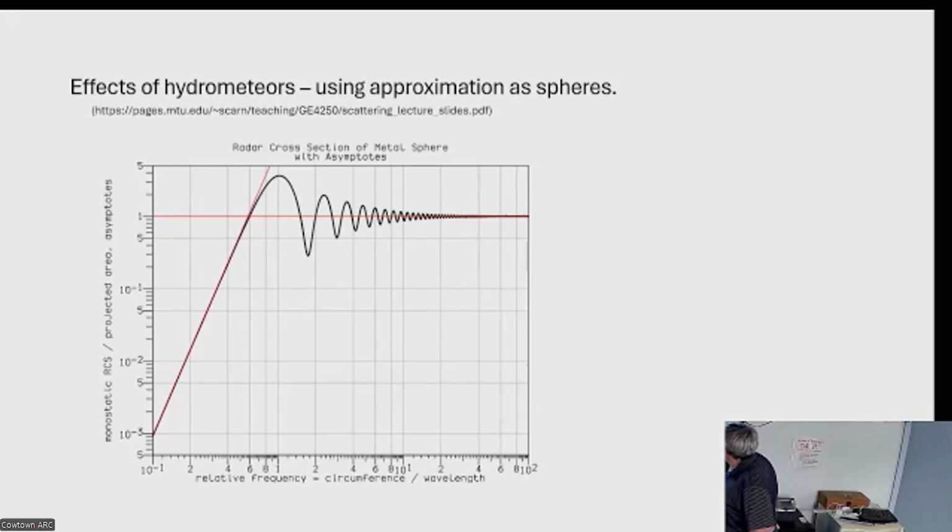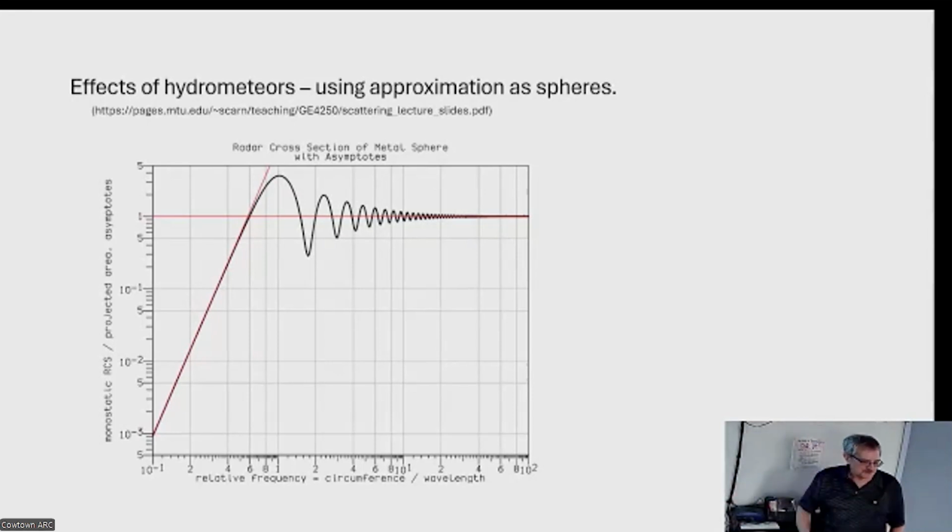The x-axis is circumference relative to a wavelength. If we get down to much smaller values, there's a very steep rise in the scattering. That's called the Rayleigh region. Then we get into a resonance region, and as you get farther out, it's equivalent to the area of a sphere, the area projected by a sphere.